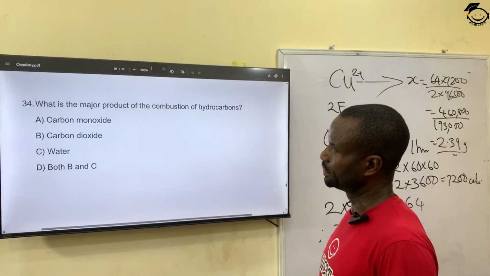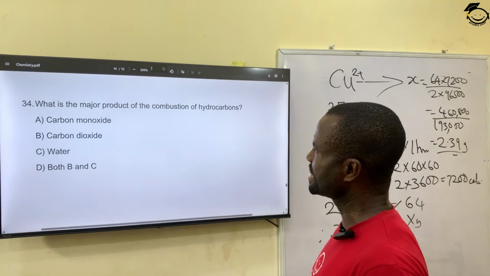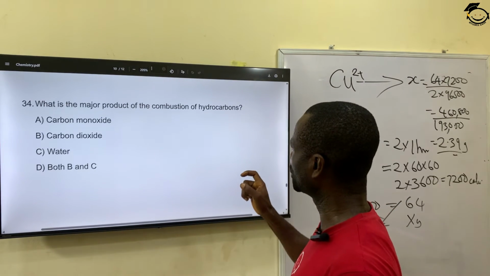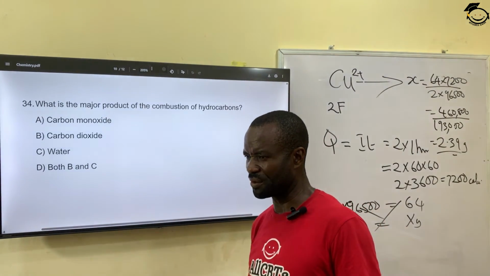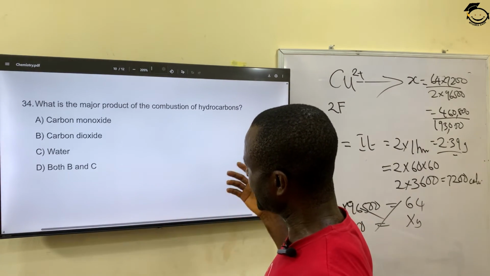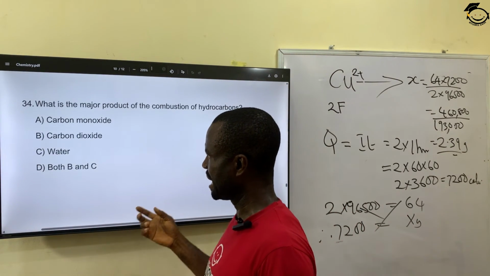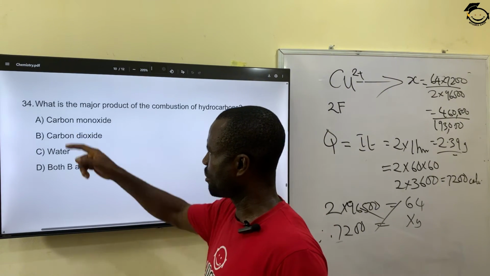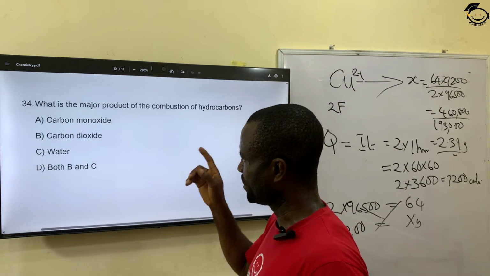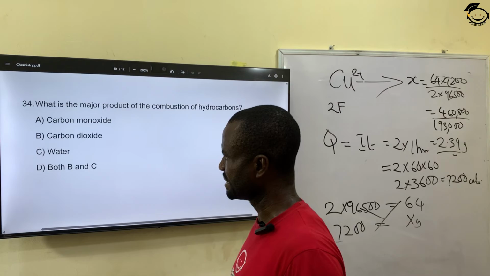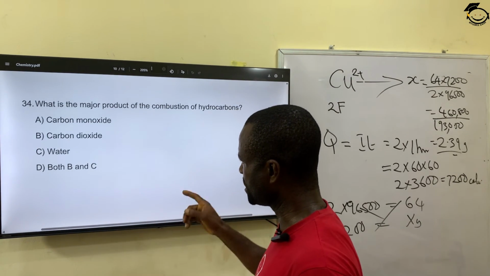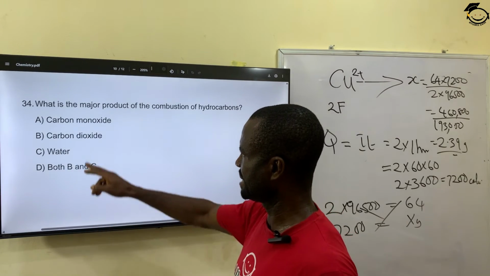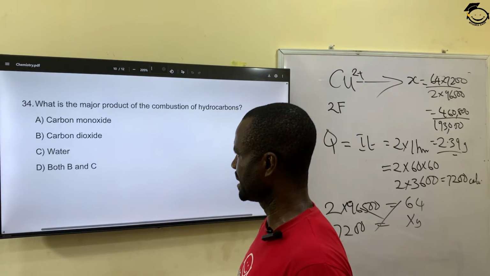All right. 34. What is the major product of combustion of hydrocarbon? It's a characteristic of every hydrocarbon that when they burn, they release gas and water. So A, carbon monoxide, B, carbon dioxide, C, water, D, both B and C. B and C is carbon dioxide and water.